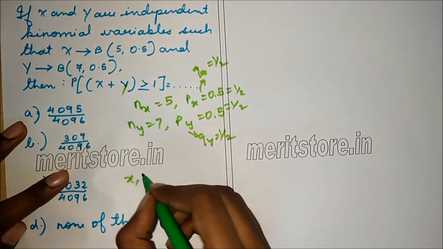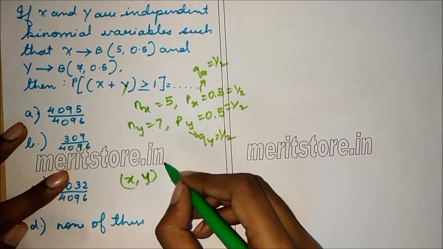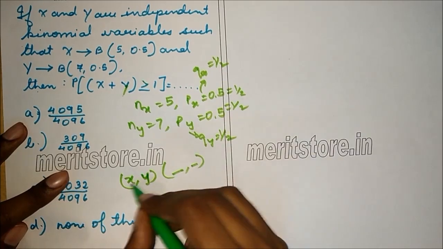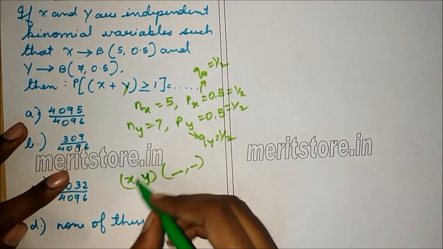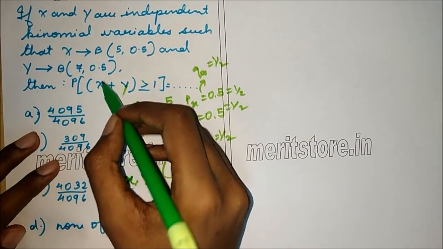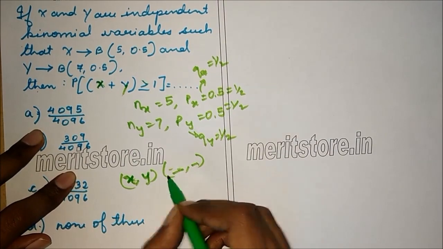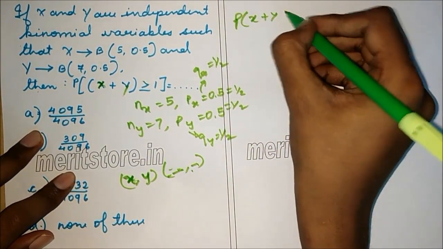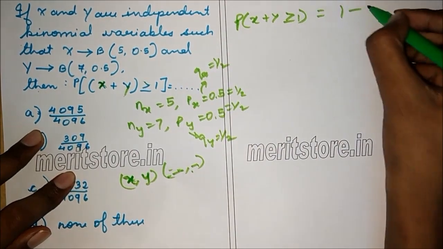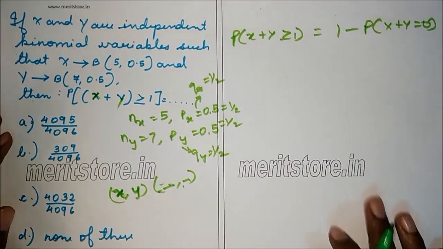So x plus y should be greater than or equal to 1. That is, the sum of x and y should be greater than or equal to 1. So this can be written as P of x plus y greater than or equal to 1 is the same as 1 minus P of x plus y equals 0, the none property.